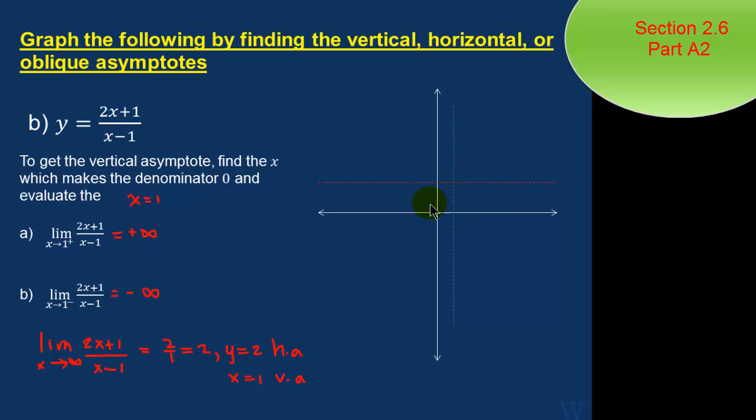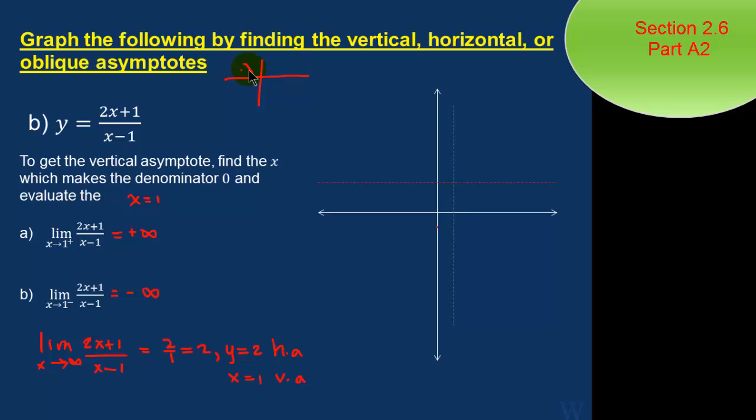Say if x is 0, y is negative 1. So right here. Let's plot a few points right here. That way we'll know how to graph our function.